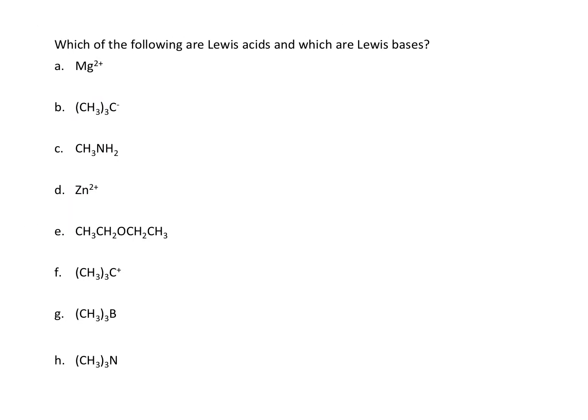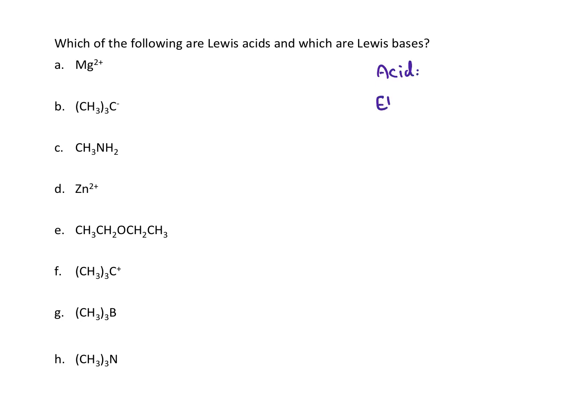Now, let's work on this example. Which of the following are acids based on the Lewis definition? Which ones are bases? So first, can anyone tell me what was an acid based on the Lewis definition? Exactly. What is a base?